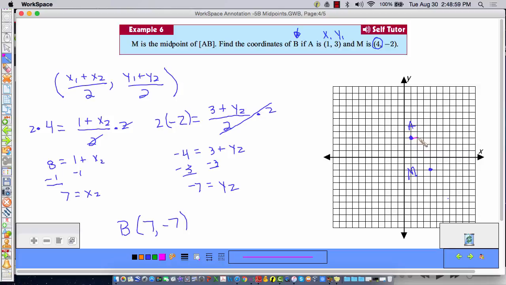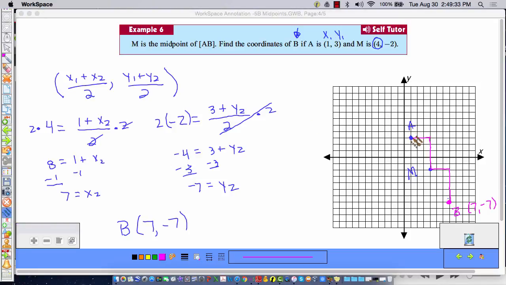Well, if I go 3 units to the right and 5 units down, I get from point A to point M. So if M is the midpoint between A and B, I just have to do the same thing to get to B. 3 to the right, 5 down, and there she blows. That's B, right? And that is the coordinate (7, -7), which is what we just got.